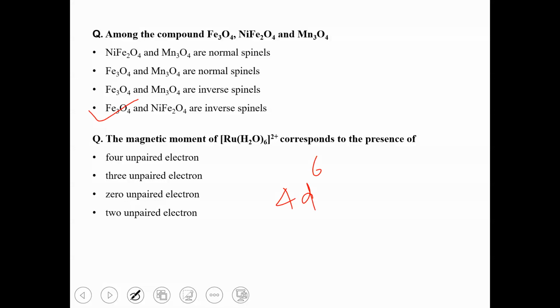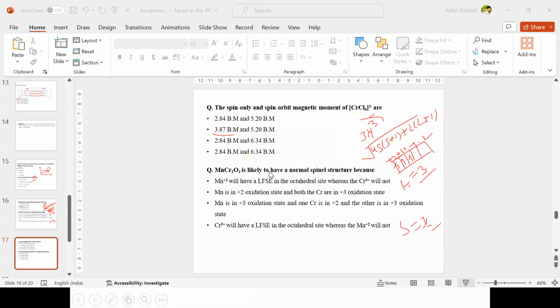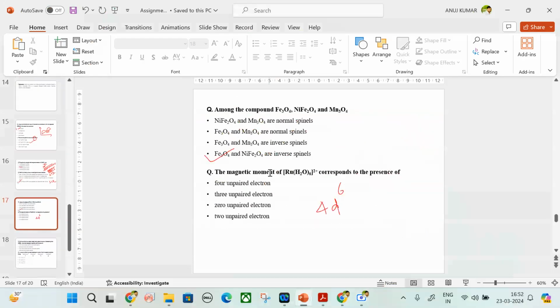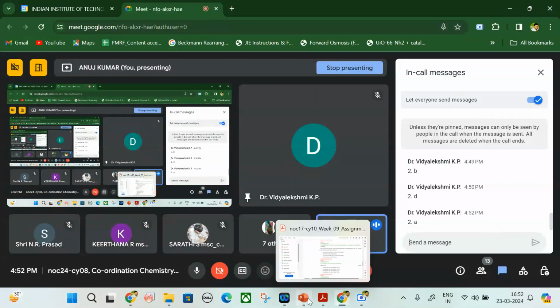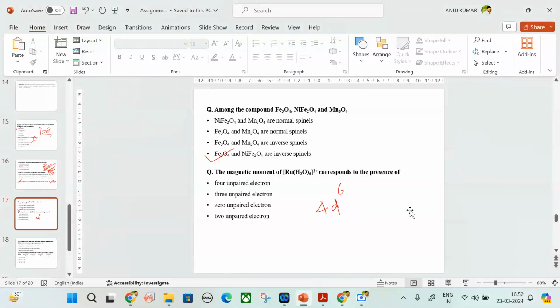Okay, so it is a transition metal of the 4d series. Okay, so it is a very interesting question. Please tell me the answer if you know. It is having how many unpaired electrons?